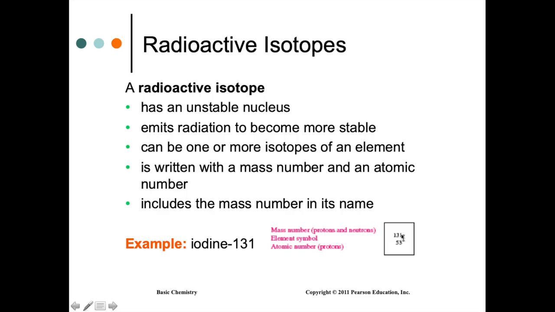That mass number needs to be referred to specifically if you want people to know that you're talking about this isotope. So we would call that iodine-131. You just say the mass number after the name of the element. Something to keep in mind in this chapter, because if you just say the name of the element, that's not really quite clear.